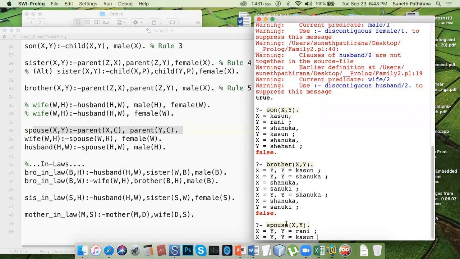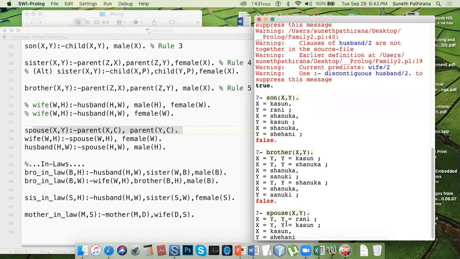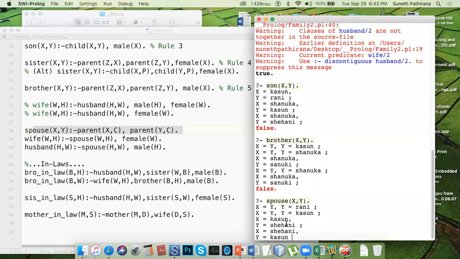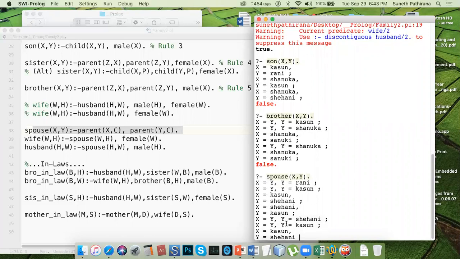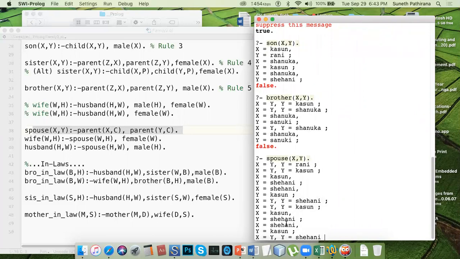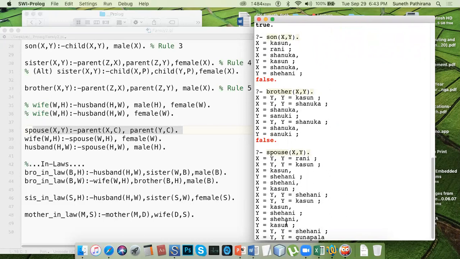So Kasun becomes a husband or the spouse for himself, and Kasun and Shehani are husband and wife. One time Kasun becomes the husband and Shehani becomes the wife, and then it is swapped. One time Kasun becomes the spouse of Shehani, another time Shehani becomes the spouse for Kasun, and Shehani becomes a spouse for herself. And now we are getting another instance.